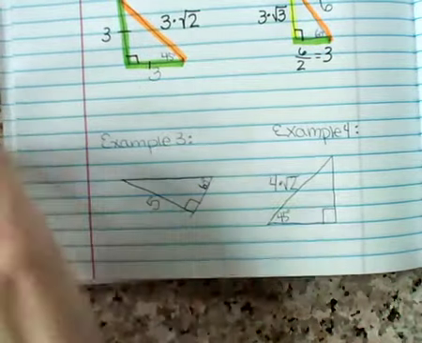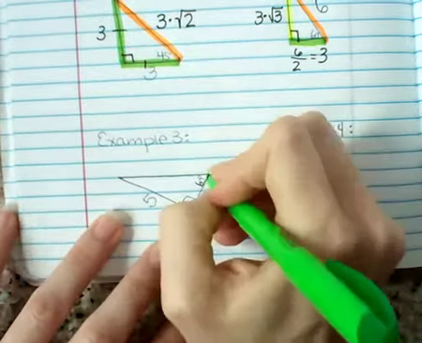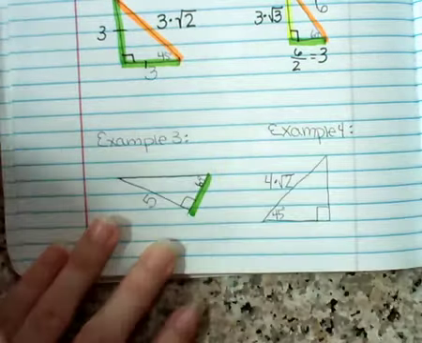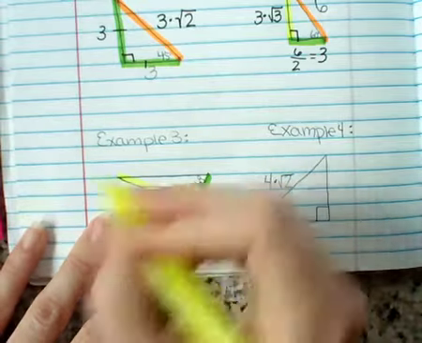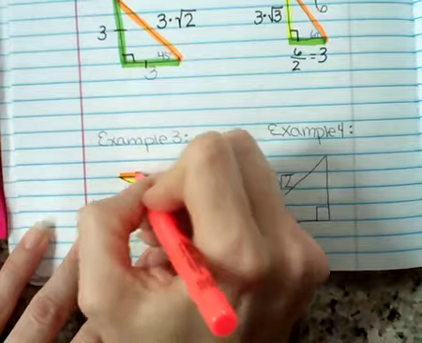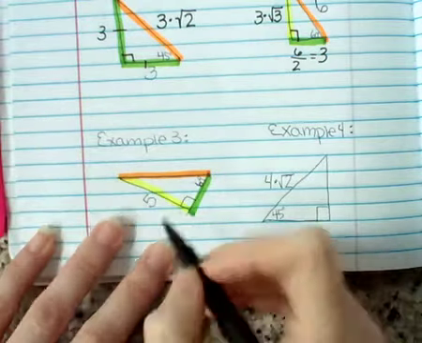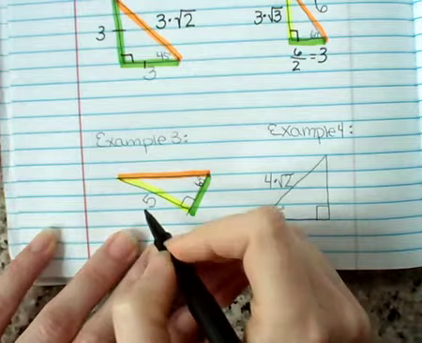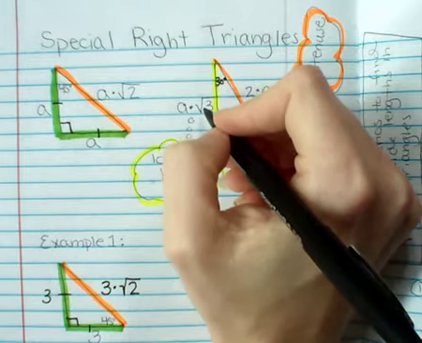Okay, we've got 2 more examples. Example 3, again we have a 30, 60, 90 triangle. So I'm going to go ahead and highlight again the short leg, the long leg, and the hypotenuse. In this example, we're given the long leg, and we know that the long leg is our short leg times the square root of 3.